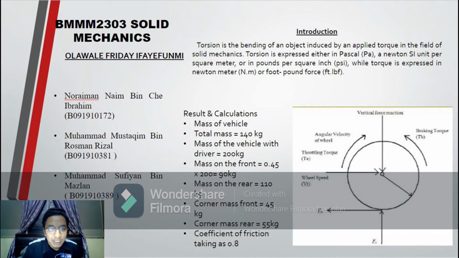Torsion is expressed in Pascal, the SI unit for Newton per meter square, or in pounds per square inch (PSI), while torque is expressed in Newton meter or foot-pound force.